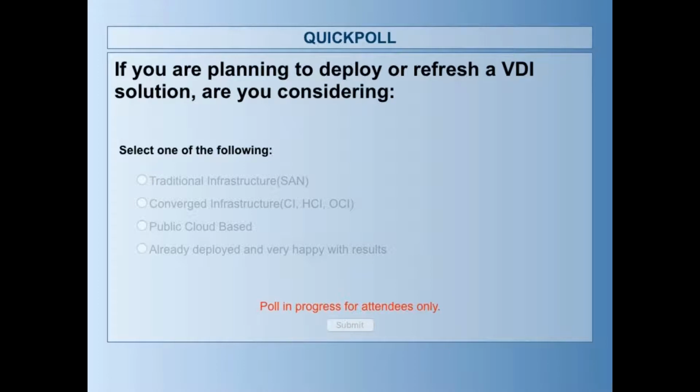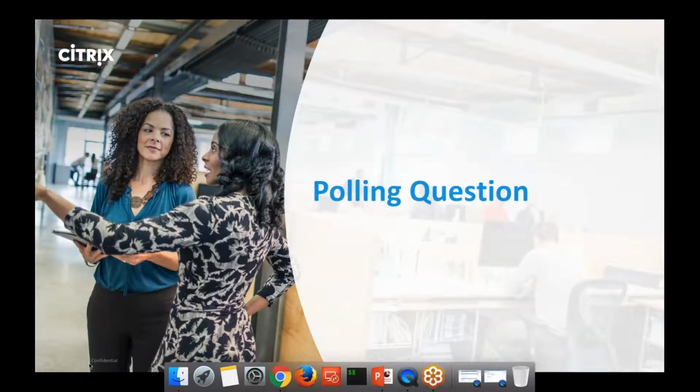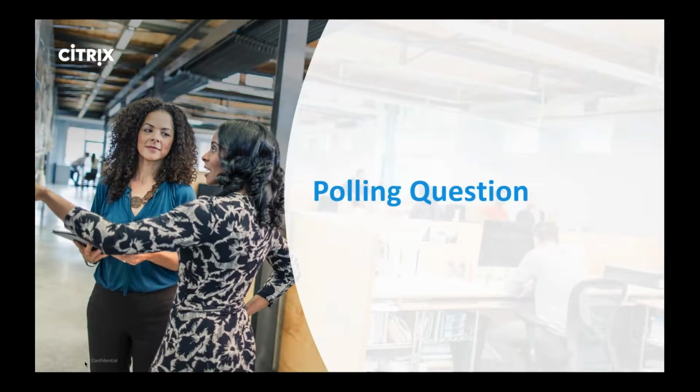And 9% are looking at a public cloud-based solution. Very interesting. It seems that there is still a heavy bias towards SAN, and we'll cover that a little bit in this presentation. Great, thank you.